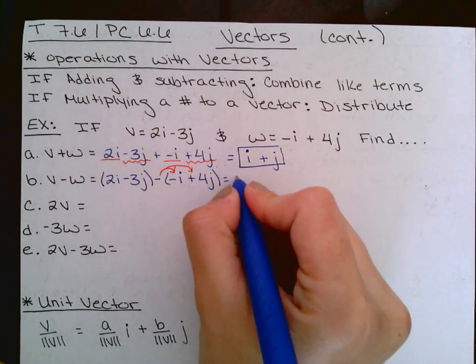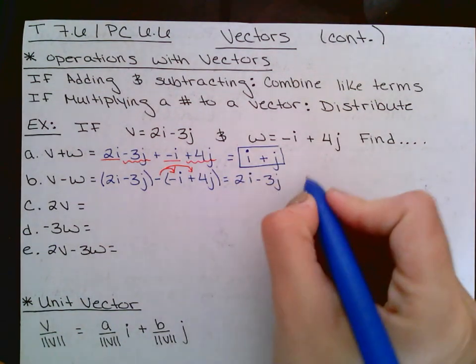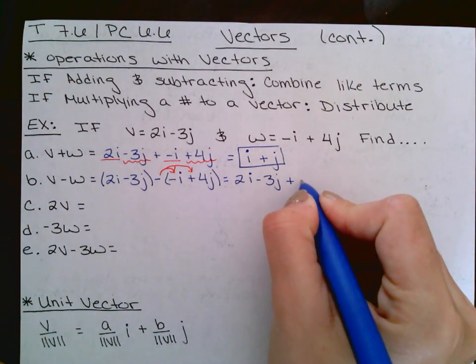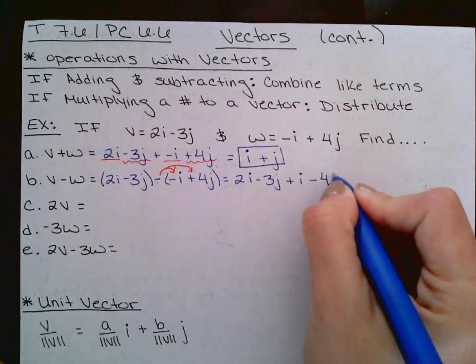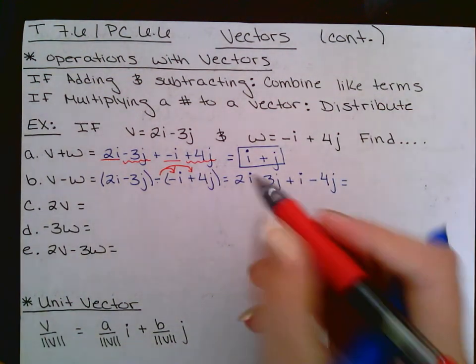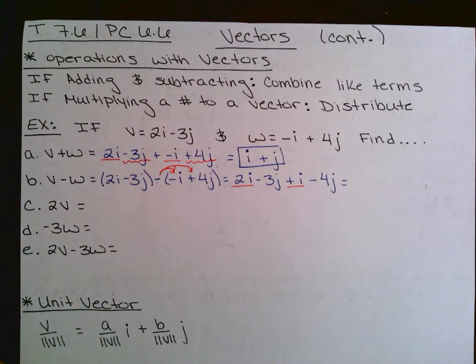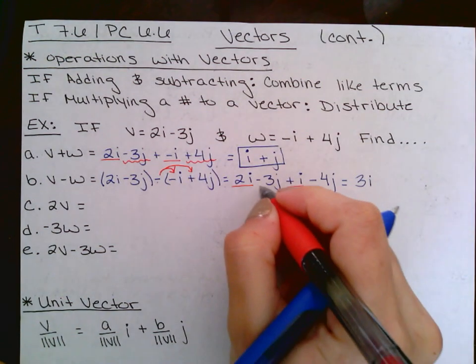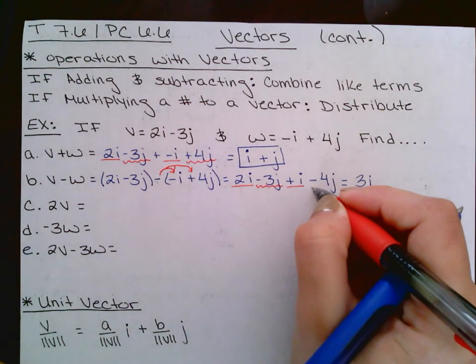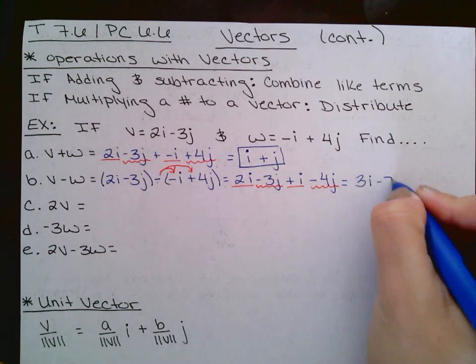And then I'm just going to rewrite it really quick. Two negatives make a positive and a positive makes a negative. And now I can combine like terms. So I have 2i and 1i, which makes 3i. And then I have negative 3j and a negative 4j, which makes a negative 7j. Okay.